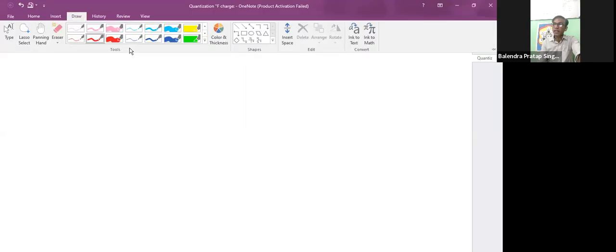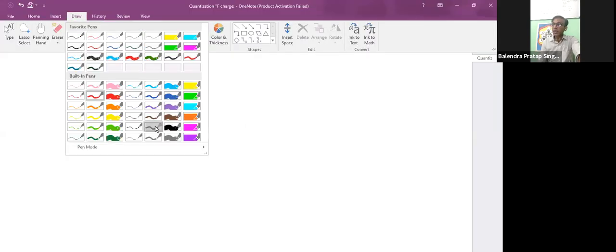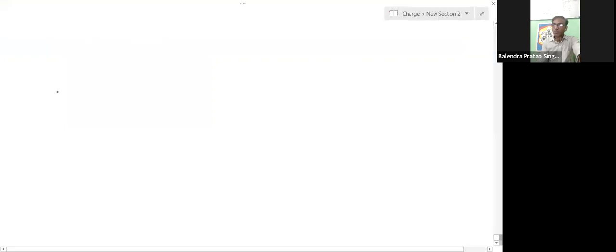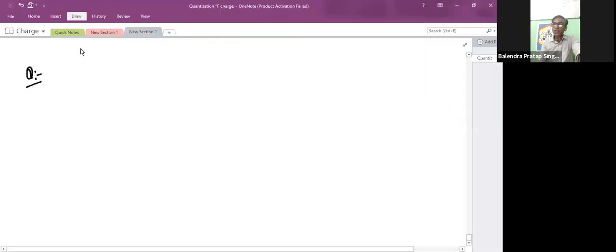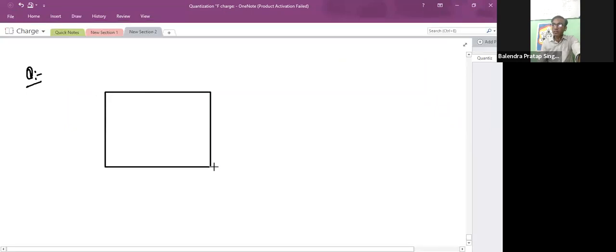Next problem. In this problem I am considering a system of four charges. So this is our square, and it has four charges.